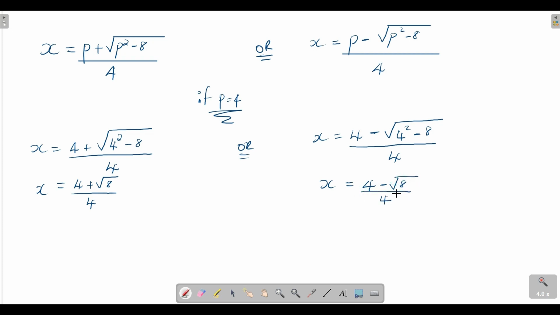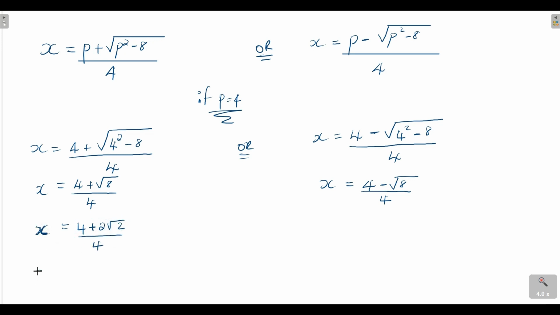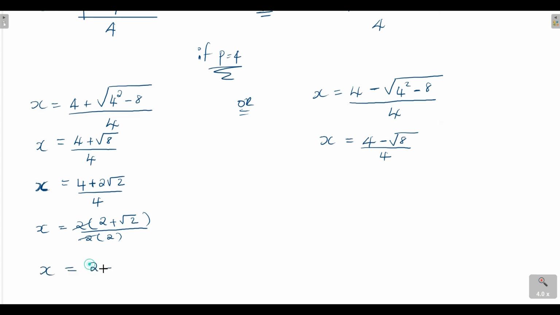If you simplify this further, the square root of 8 is 2 square root 2, all over 4. Here we see that we've got a common factor of 2. If you take out a 2, you'll be left with 2 plus square root 2 all over 2, because I took out a 2 in the numerator, and in the denominator the 2 and the 2 cancel. Therefore, our x is equal to 2 plus square root 2 over 2.